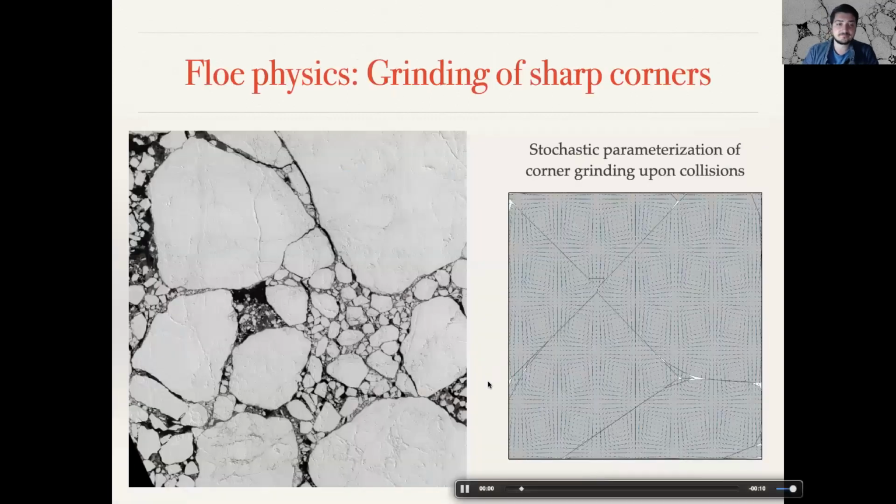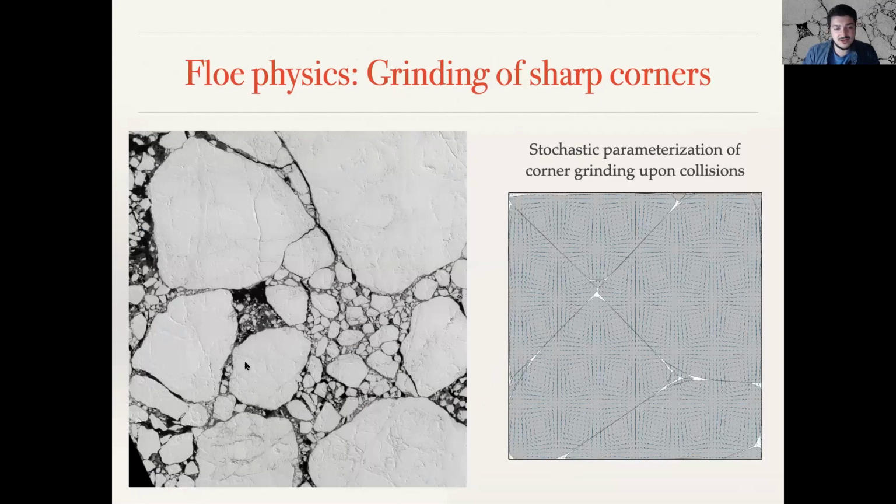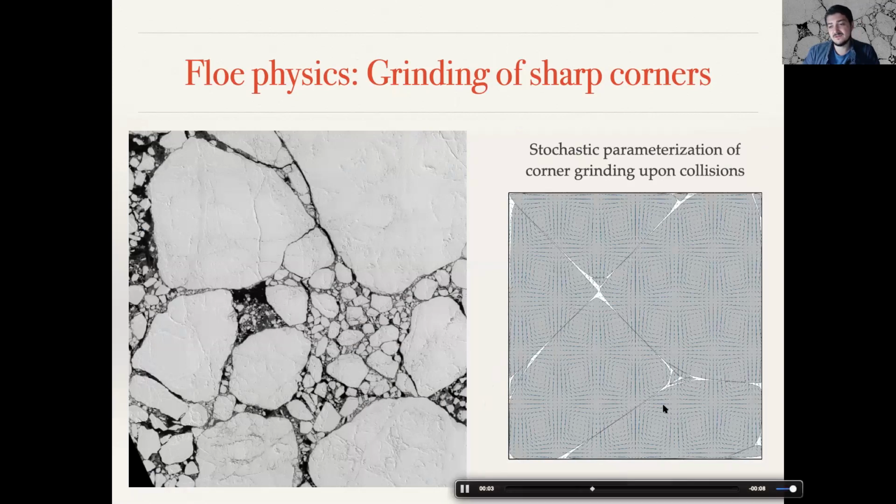For example, grinding sharp corners of the floes represents a more realistic shape of floes. This is done via parameterization, where we say there's some probability of fracture occurring at the corners, and that probability depends on whether or not you collide with those corners. This is one case where you can affect the shapes of the floes.